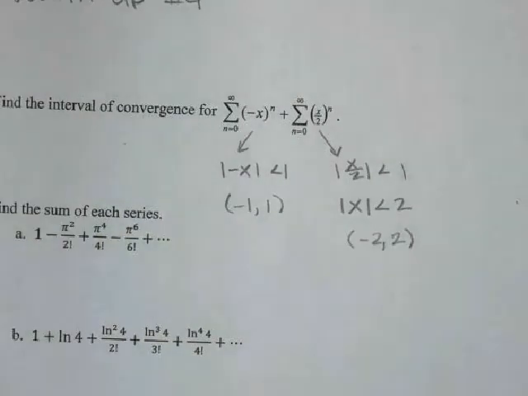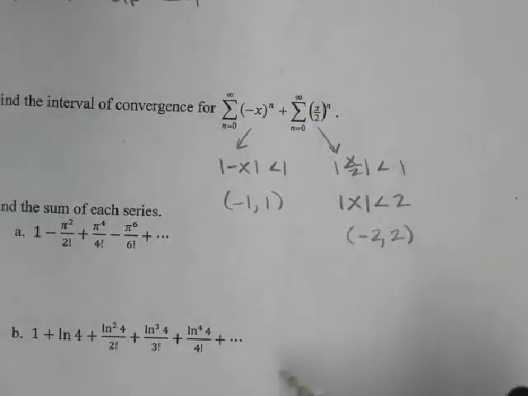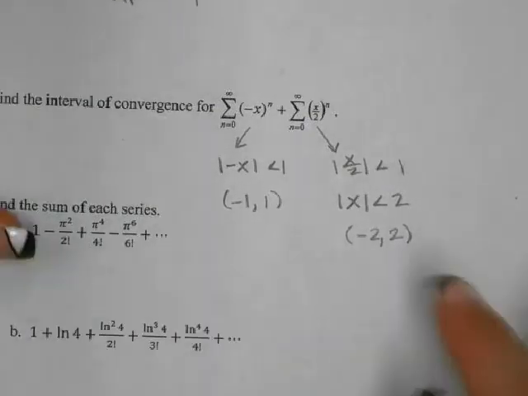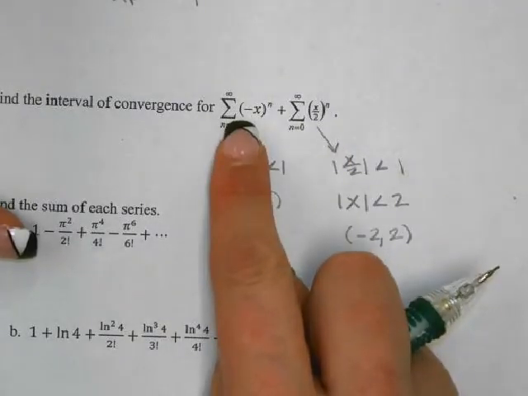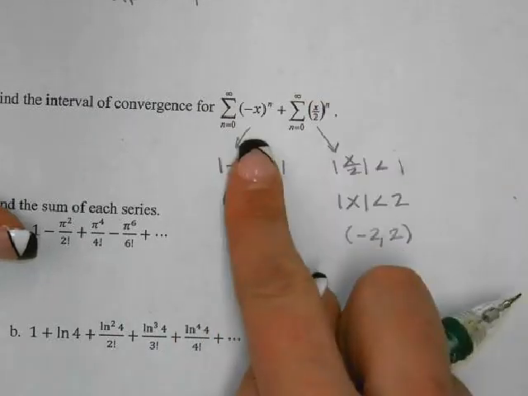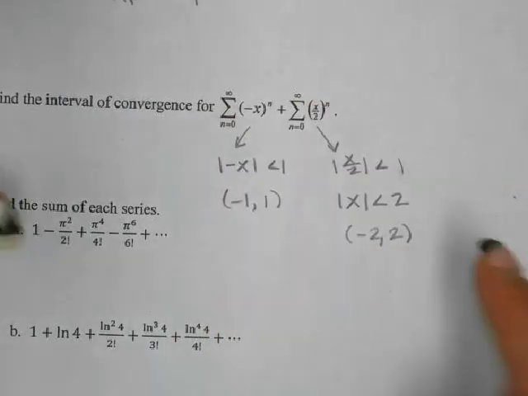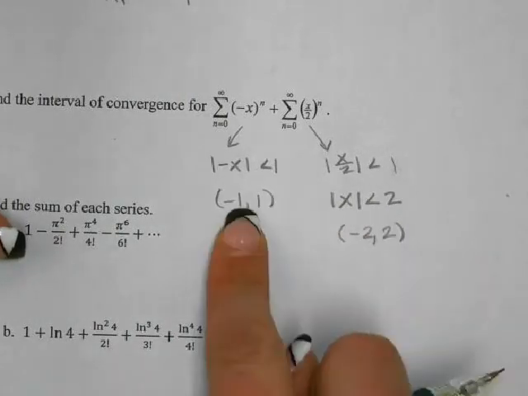So if you're looking at the interval of convergence of the sum of these two different series, then you're going to have to go with the more conservative answer. So like negative 1.5 would make this one converge, but it wouldn't make that one converge. So we couldn't say it's an interval of convergence for the whole thing. It would not be within the interval for the whole thing. So the only part of the interval that's redundant for the two problems is from negative 1 to 1.